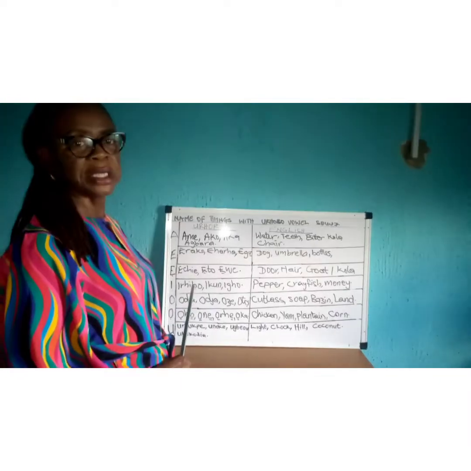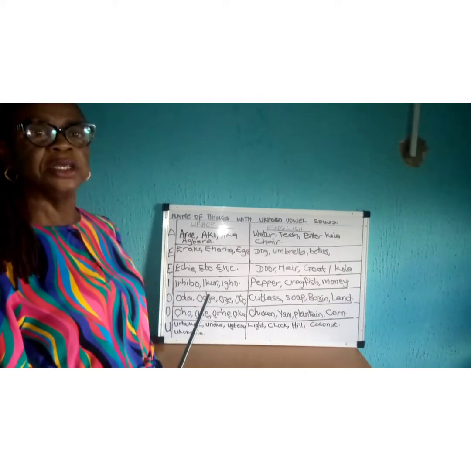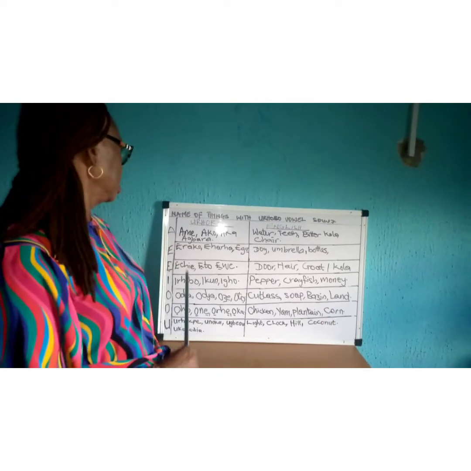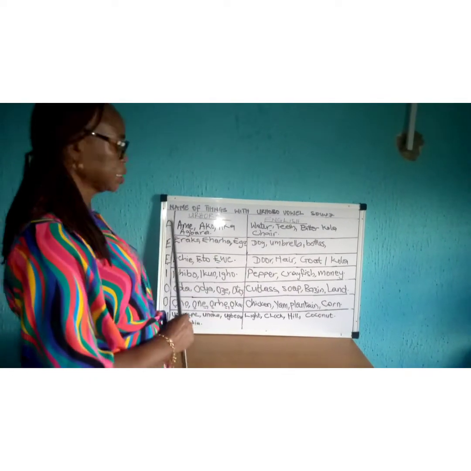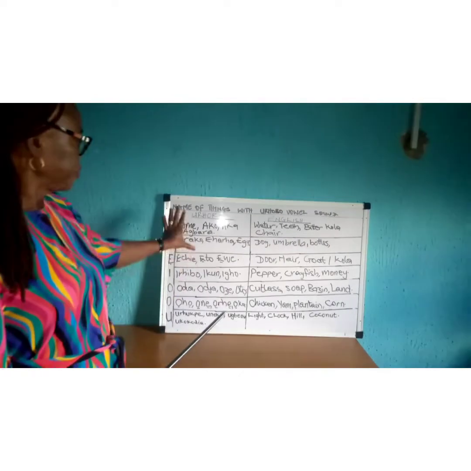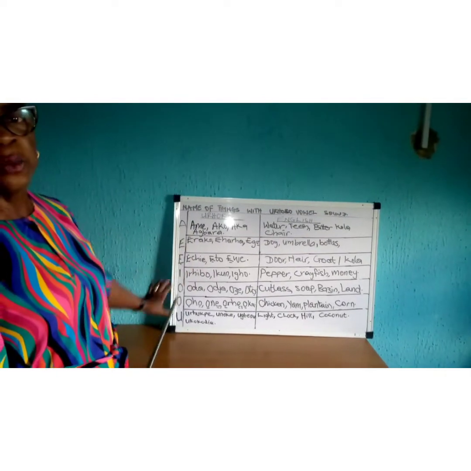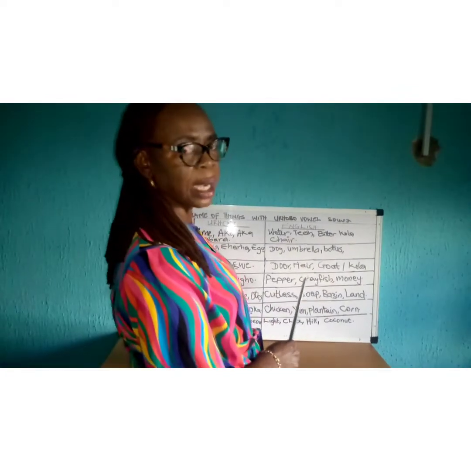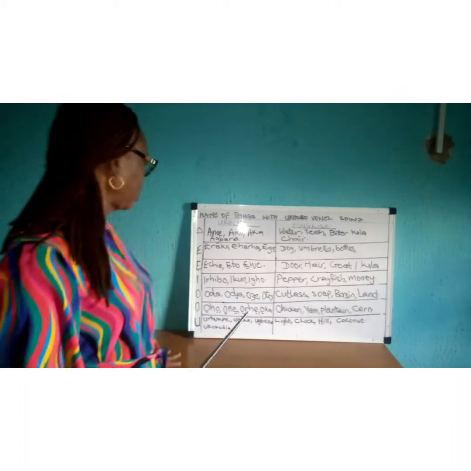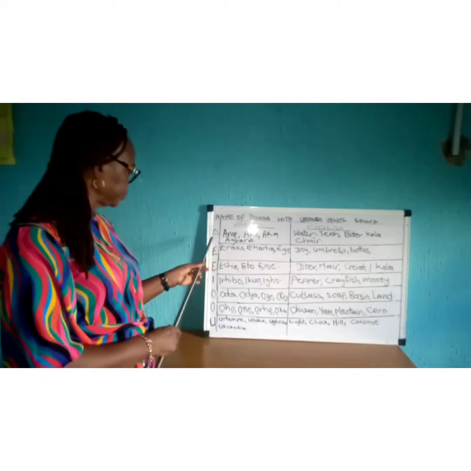I am through with the writing of the words, names of things with Urhobo vowel sound. I've written them in Urhobo language and also in English language. So you are familiar with this.